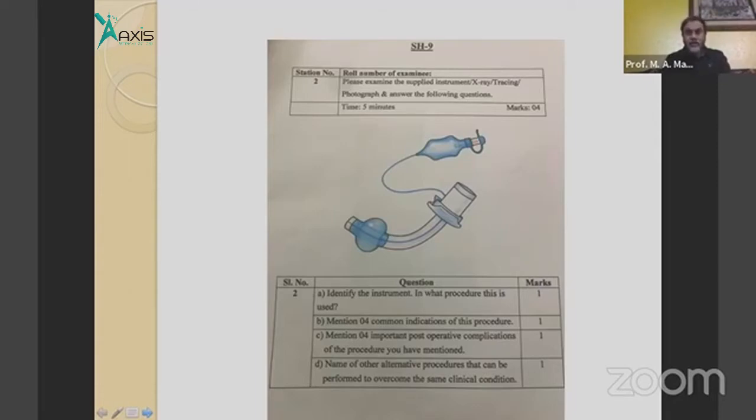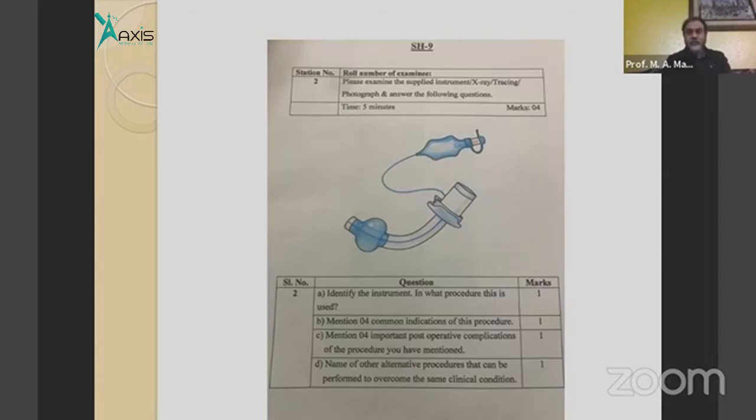So look at the questions. Identify the instrument, in what procedure this is used. So this is a cuffed tracheostomy tube. The tracheostomy tube has different types. This is a cuffed tracheostomy tube. We have a non-cuffed tracheostomy tube.